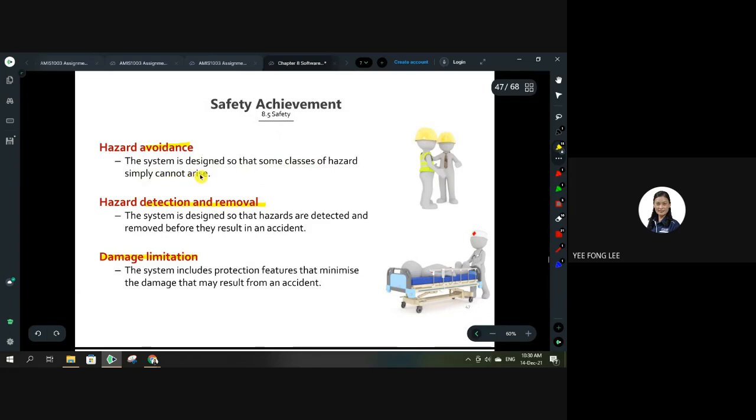For example, in the safety and health code of practice issued by the Occupational Safety and Health authority, for a cutting system, they will require the operator to use both hands to press the button at the same time, to avoid the operator's hand hanging around at the pathway, which might lead to potential accidents. So that's a simple example.